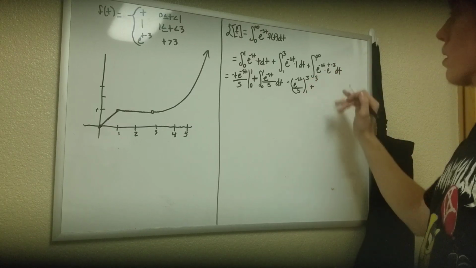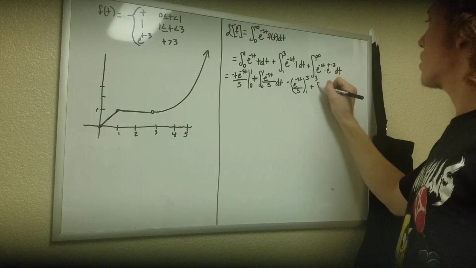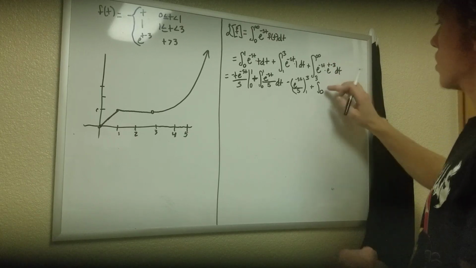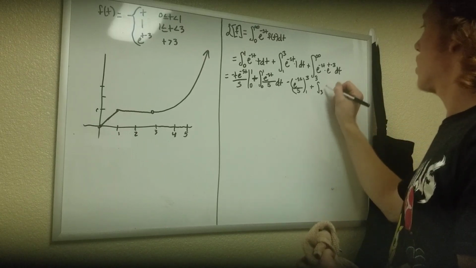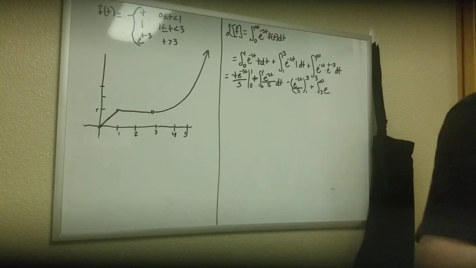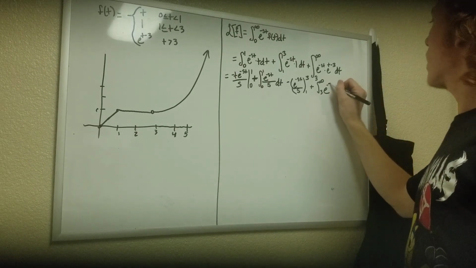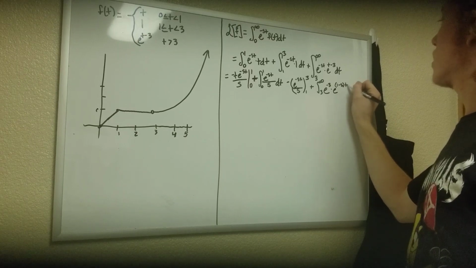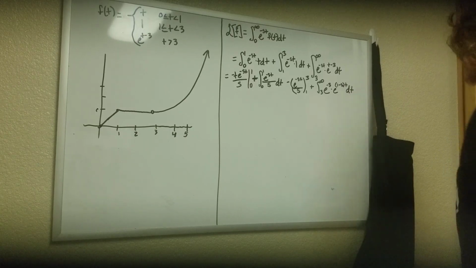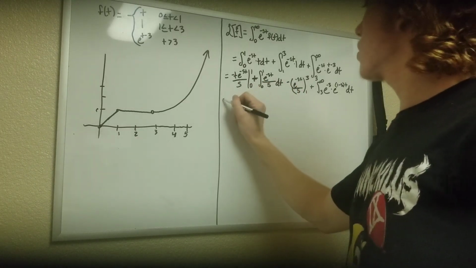And then I'm just going to bring this one down and combine the two exponents. Oops, that's not supposed to be a 0. e to the negative 3 times e to the 1 minus s t dt. Awesome.